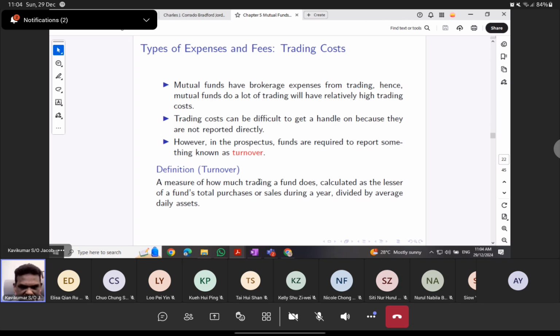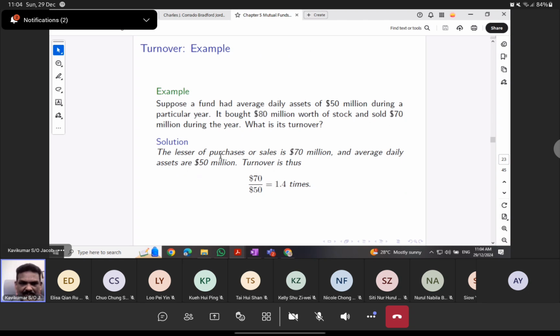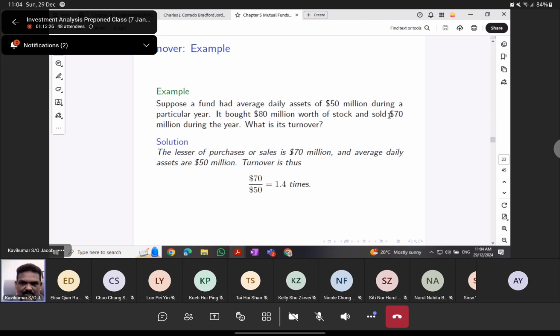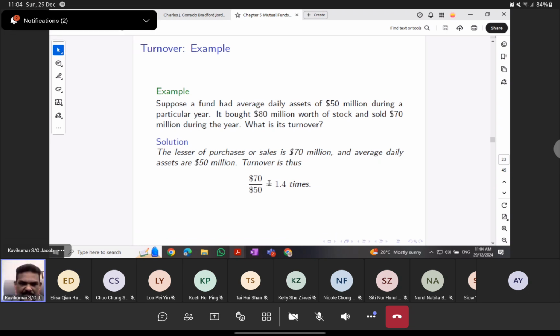Turnover is a measure of how much trading a fund does, calculated as the lesser of the fund's total purchases or sales during a year divided by average daily assets. Average daily assets are $50 million, but they bought $80 million of stock and sold $70 million during the year. The lesser of purchases or sales is $70 million, divided by average daily assets of $50 million.